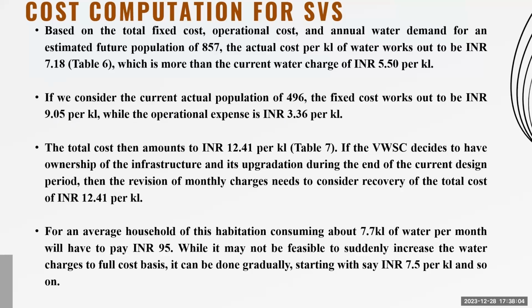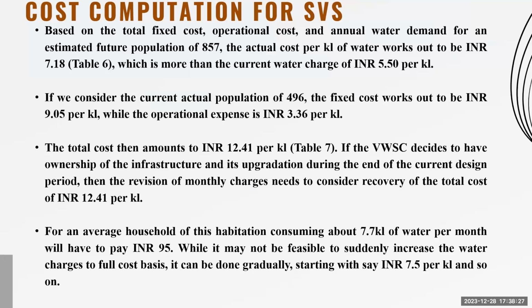So if the VWSC decides to have ownership of infrastructure and its upgradation during the end of the current design period, then the revision of the monthly charges needs to consider the recovery of the total cost. So the total actual cost is 12.41, and the current charge is about 5.5.